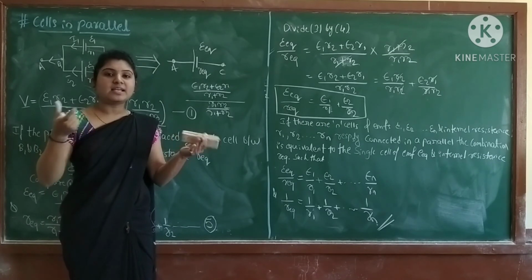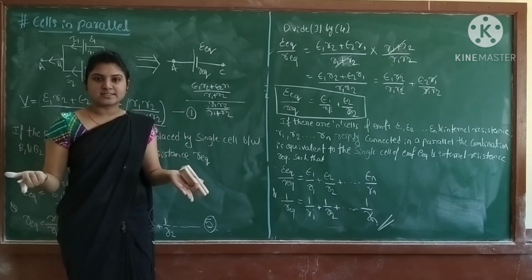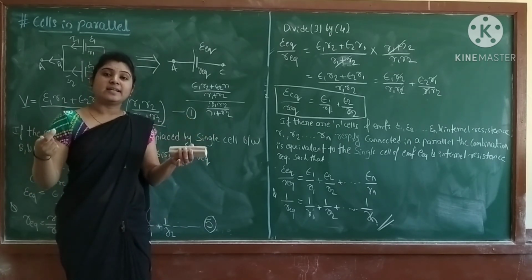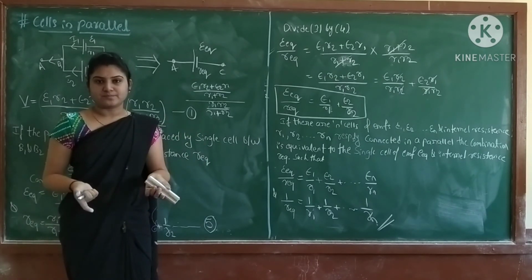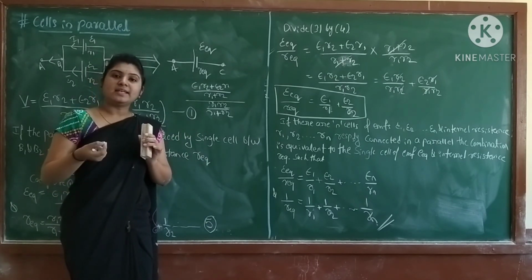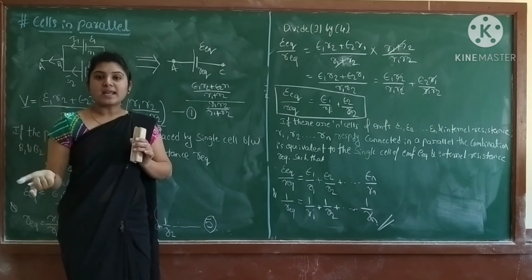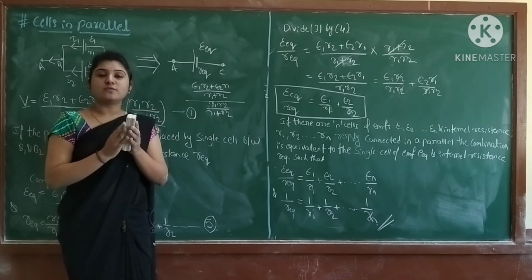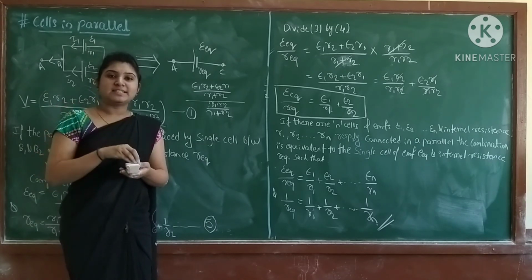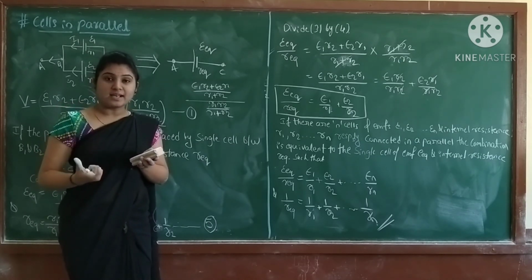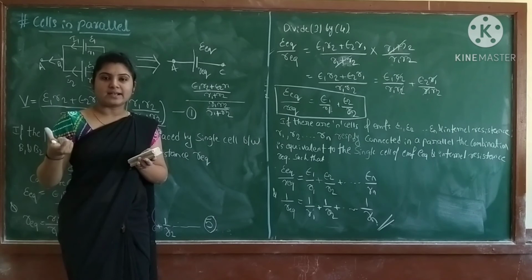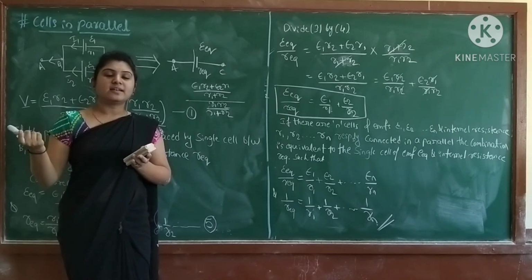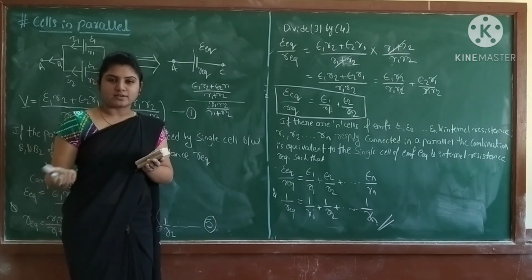Every cell has an EMF and an internal resistance, and they are connected in parallel combination. So we are getting E equivalent and R equivalent, because for the whole combination we are replacing it by one cell with EMF E equivalent and internal resistance R equivalent.